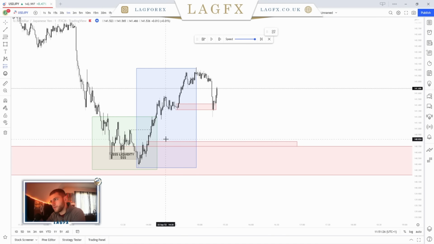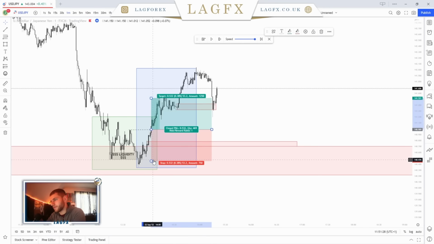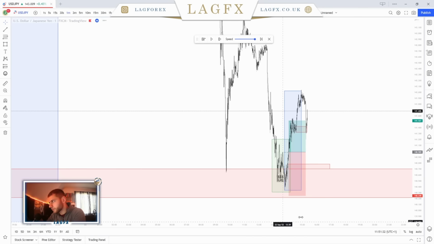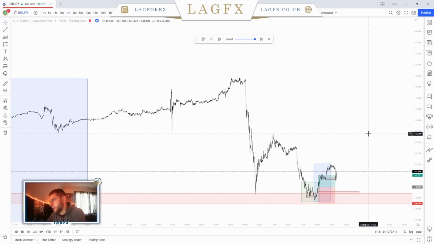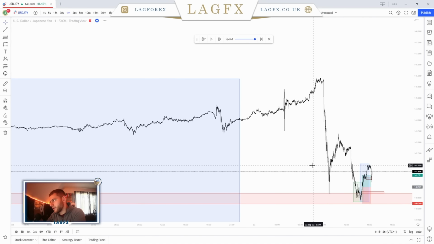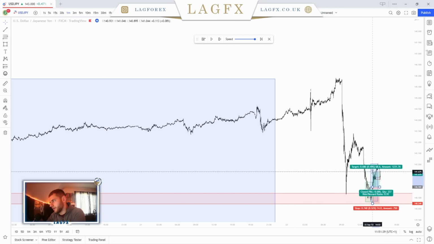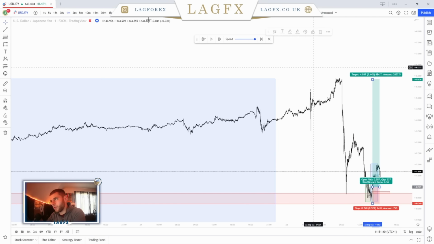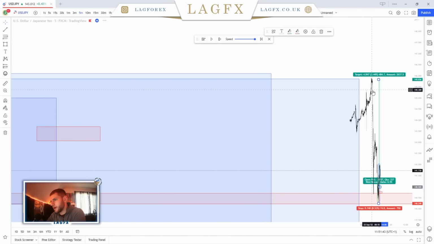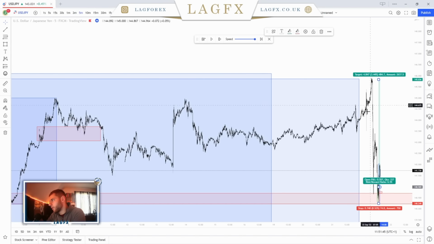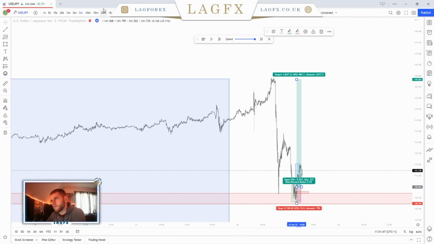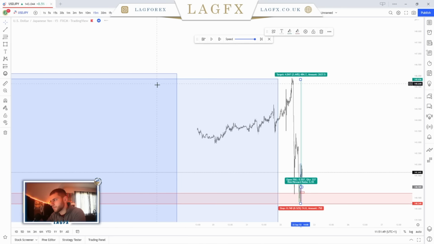So what we'd want to do is we could potentially get involved straight after the change of character, stop loss just below the low, and then take profit all the way up at the market high, which we understand is likely going to be all the way up here, right? Let's just zoom out. Yeah, all the way up here. So we still got a 6.5 RR trade there.